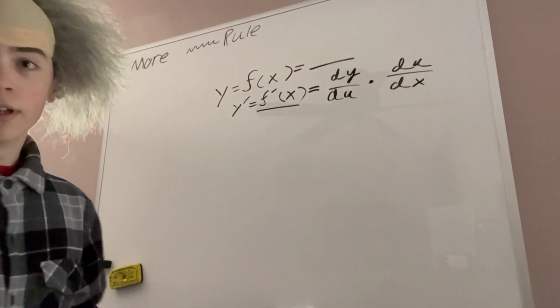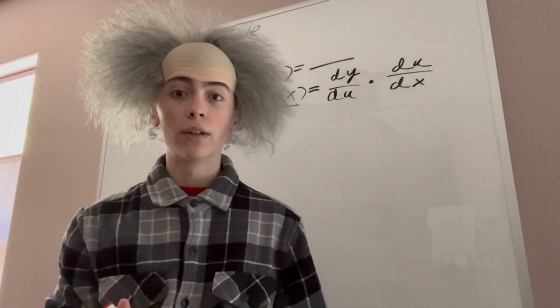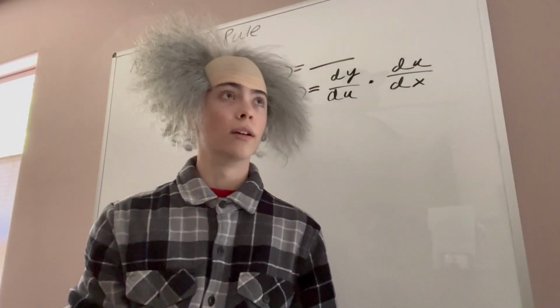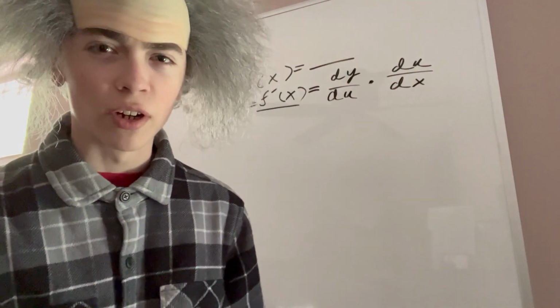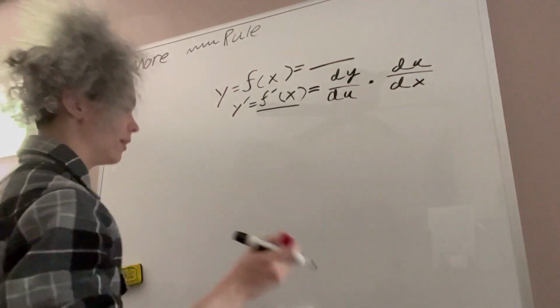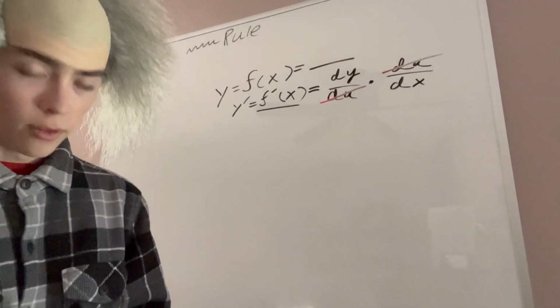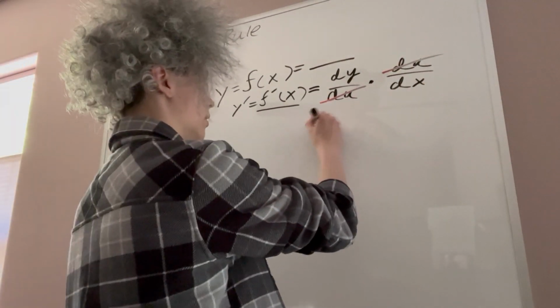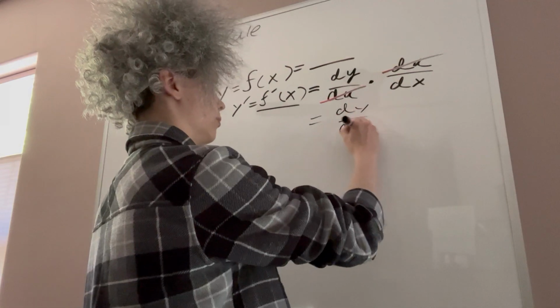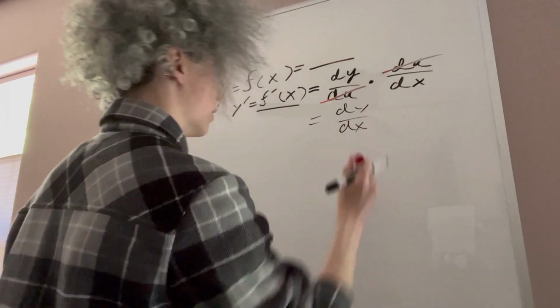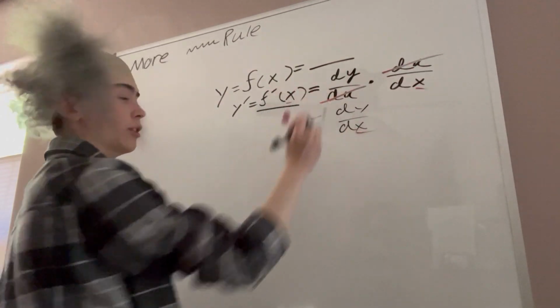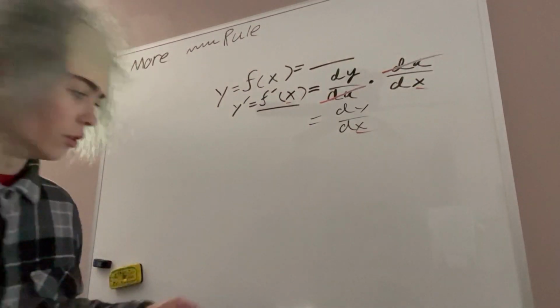That allows us to handle composition functions and nested variables. Basic algebra, those cancel out, and you get dy dx. The important thing is that the variable on the bottom matches your input, and u is that substitution.